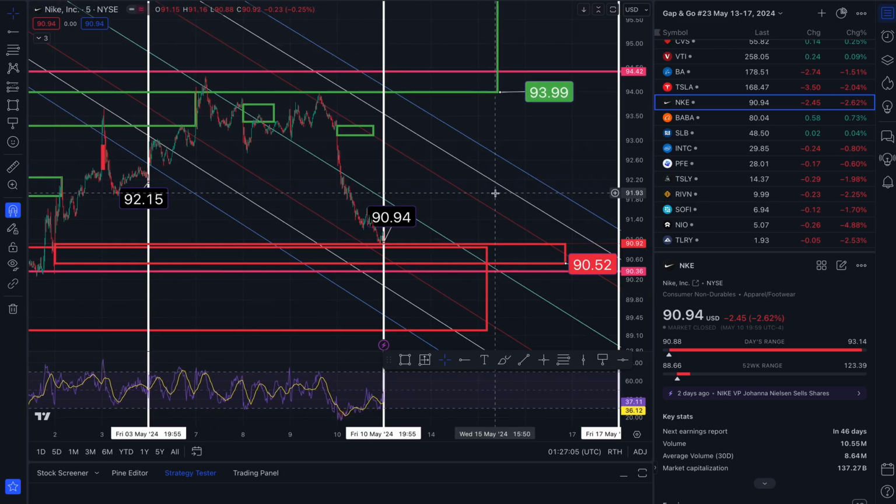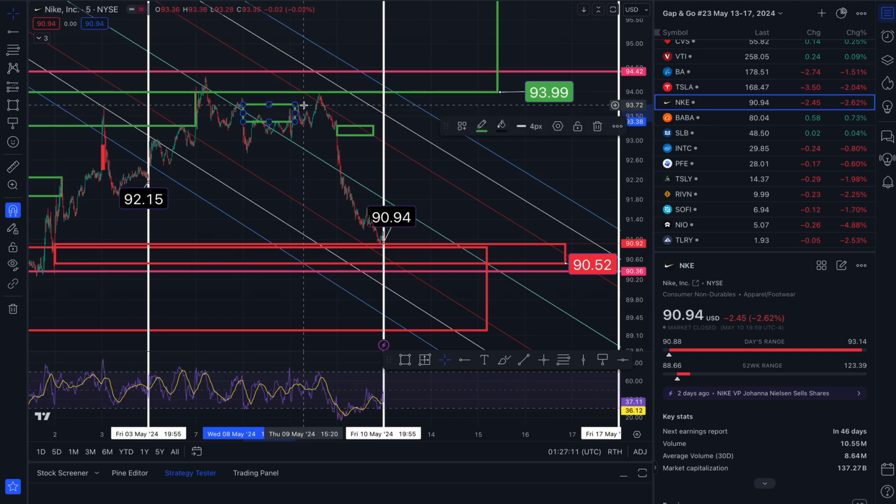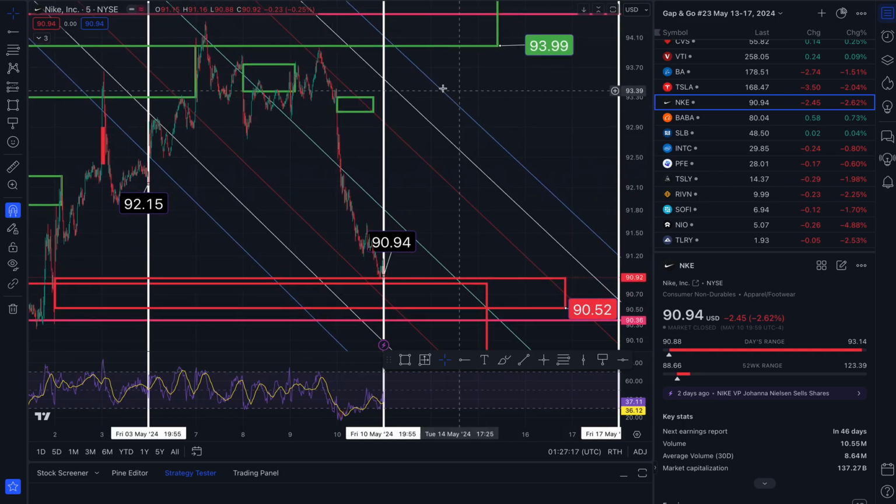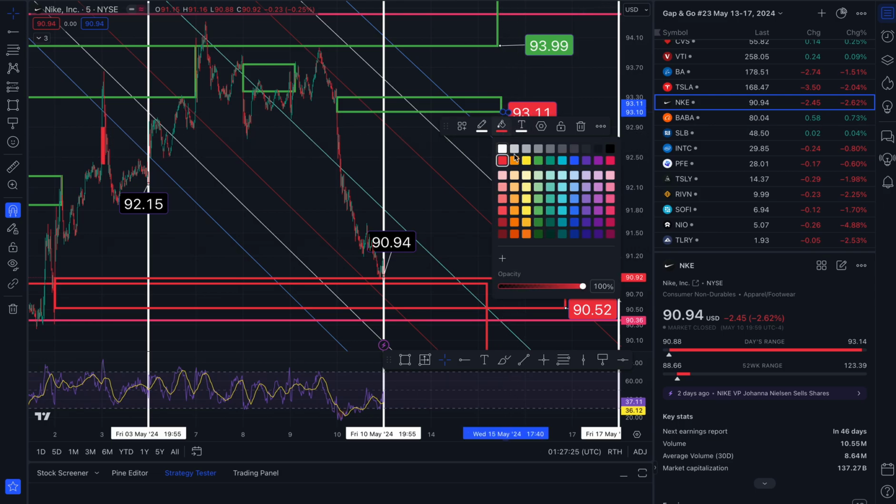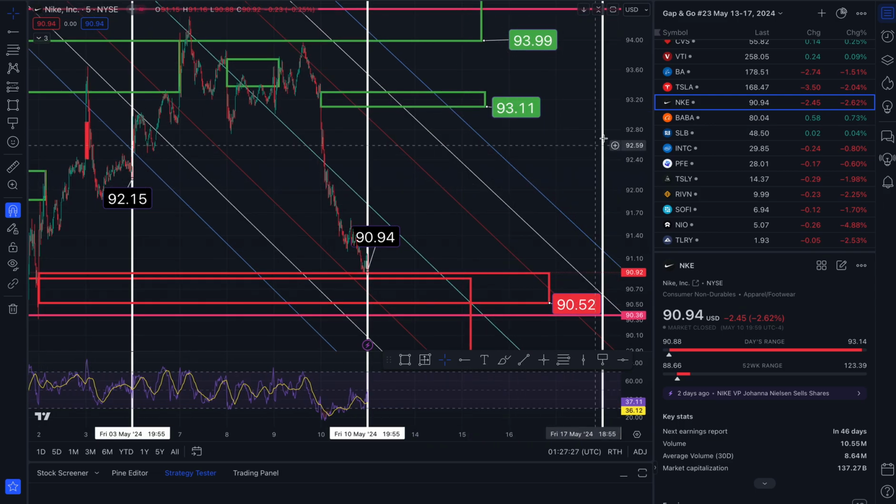All right. So this gap closed out right here to the upside at 93.72. We gap down on this one, so I anticipate a baby gap up to 93.11.